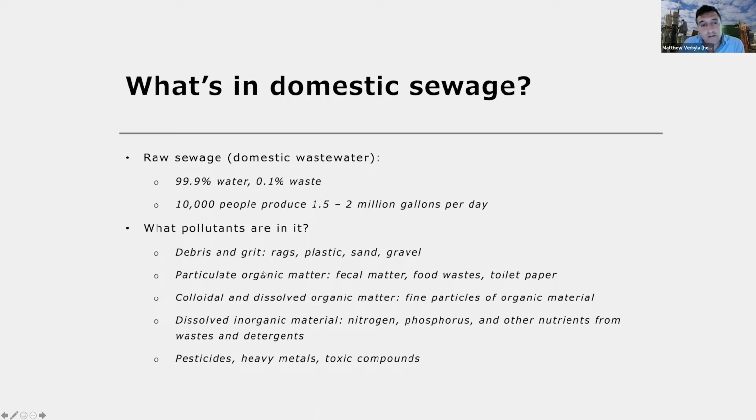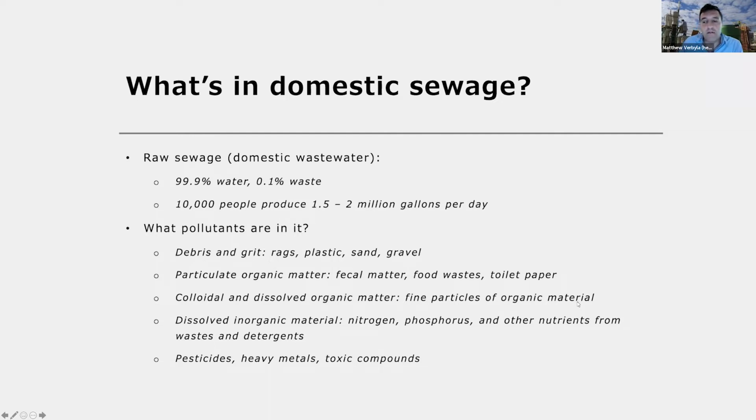So what are these pollutants that comprise the 0.1%? We have debris and grit, like rags, little pieces of plastic, sand, gravel that end up getting down the drain, usually from washing items in the household. You've got particulate organic matter, including fecal matter, food wastes, toilet paper. You've got colloidal and dissolved organic matter.